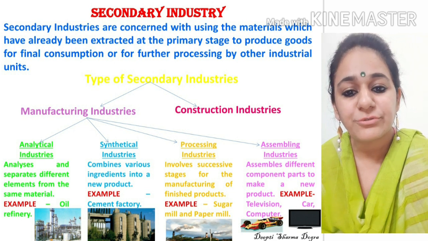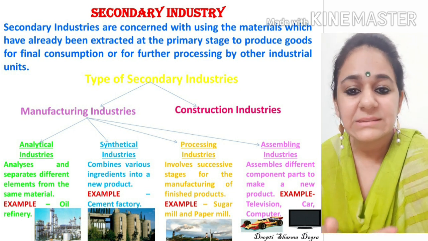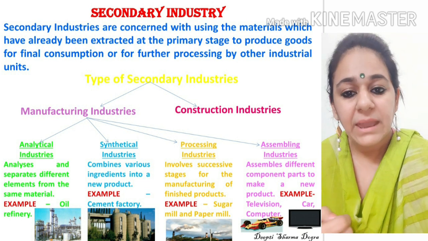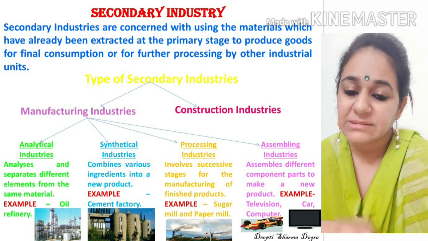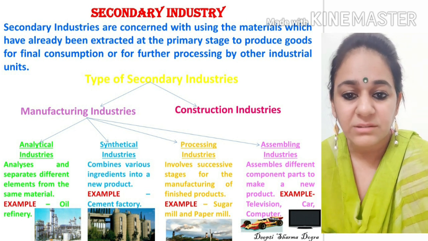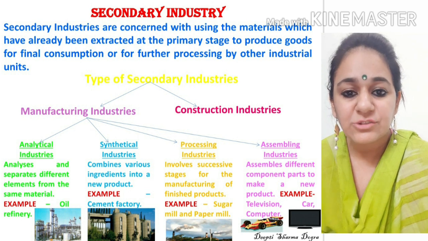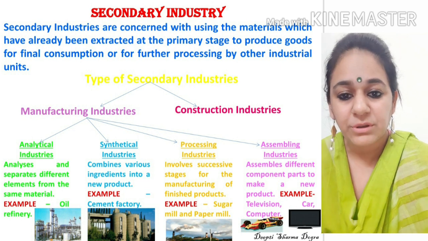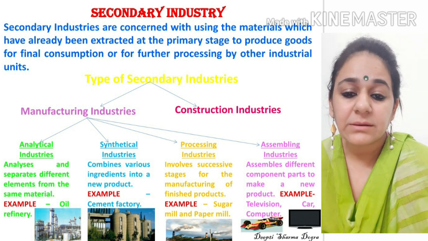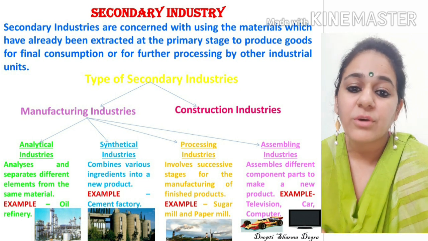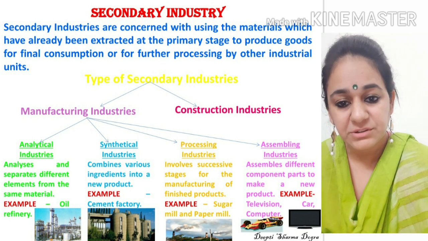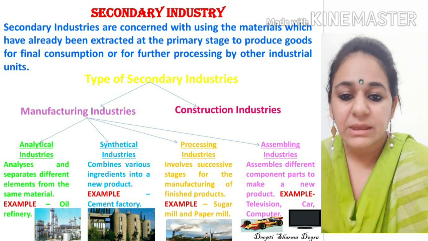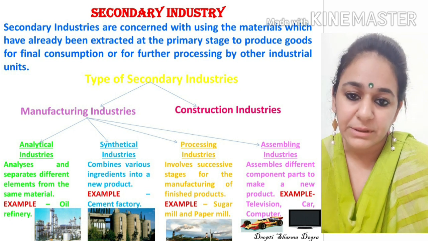Manufacturing industry again into four parts: analytical industry, synthetical industry, processing industry and assembling industry. एनालिटिकल इंडस्ट्री में एक एलिमेंट से बहुत सारे यूज़फुल प्रोडक्ट्स मैन्युफैक्चर करना. सिंथेटिकल इंडस्ट्री में बहुत सारे डिफरेंट एलिमेंट्स को यूज़ करके एक नया प्रोडक्ट बनाना. देन नेक्स्ट इज प्रोसेसिंग इंडस्ट्री. डिफरेंट प्रोसेस फॉलो करके एक नया प्रोडक्ट बनाना. देन असेंबलिंग इंडस्ट्री. डिफरेंट पार्ट्स को अरेंज करके, असेंबल करके एक नया प्रोडक्ट बनाना.